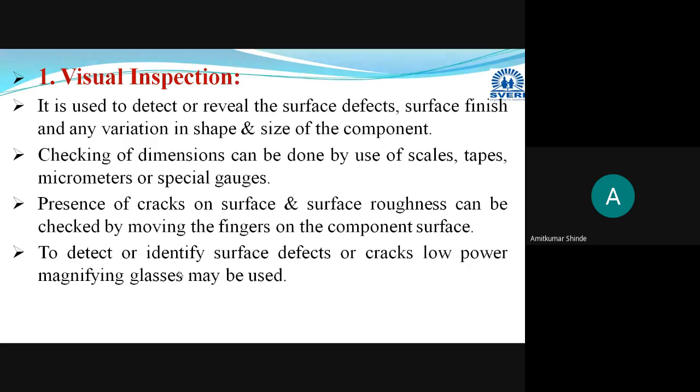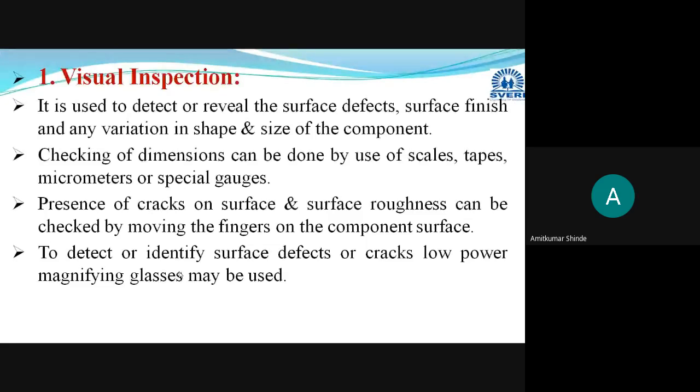Now, to check the shape and size of that component, we can use some instruments. Means general measuring instruments, we can use different kinds of scales, different types of tapes, then different kinds of micrometers or special gauges. All these we have studied in your triple M subject, I think, where you have a brief on this.